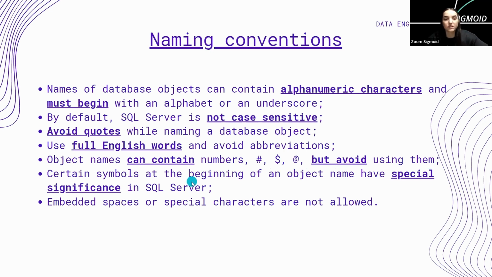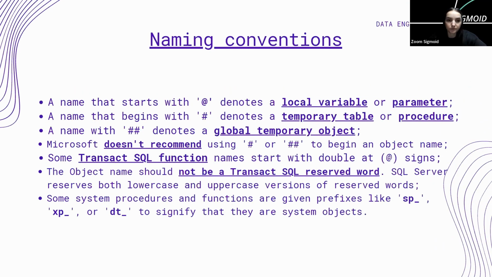Certain symbols at the beginning of an object name have special significance in SQL Server, for some procedures, some constraints, and so on. Embedded spaces or special characters are not allowed. A name that starts with at denotes a local variable or parameter. A name that begins with a number sign denotes a temporary table or procedure.